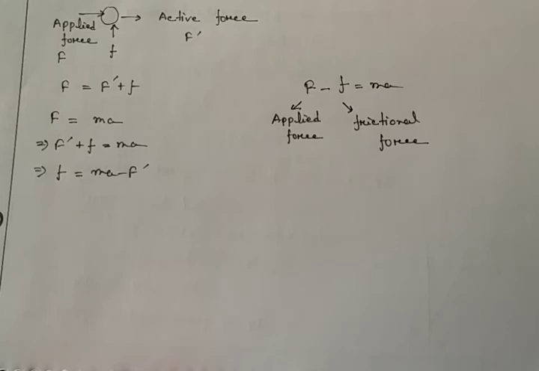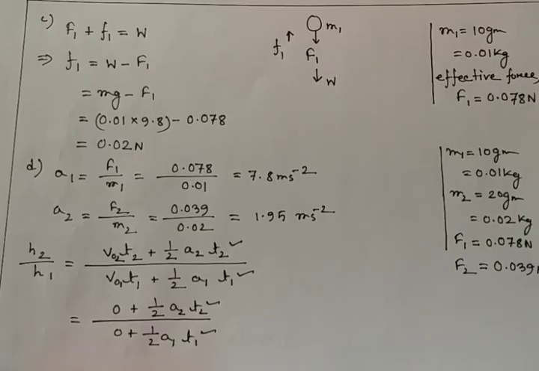But if in the question, instead of the effective force, the applied force was given, then we could write it as F minus f equals Ma. That means applied force minus frictional force equals Ma or Mg. We will write the equation according to our situation. Whatever is given in our question, we will choose the equation according to that.